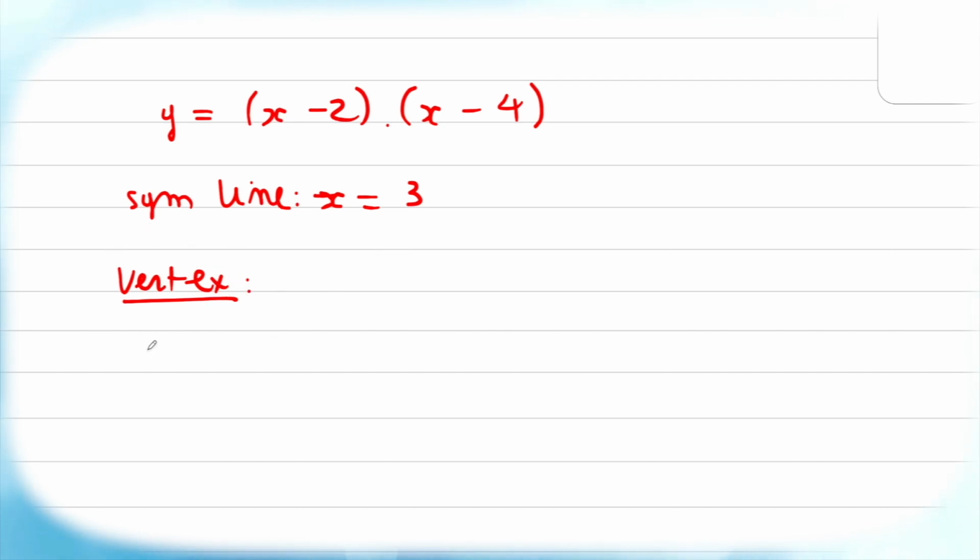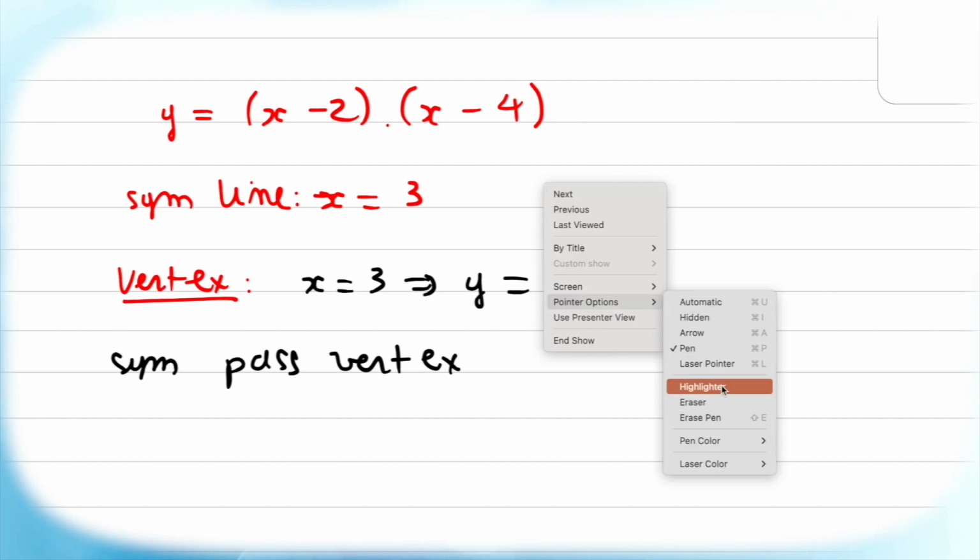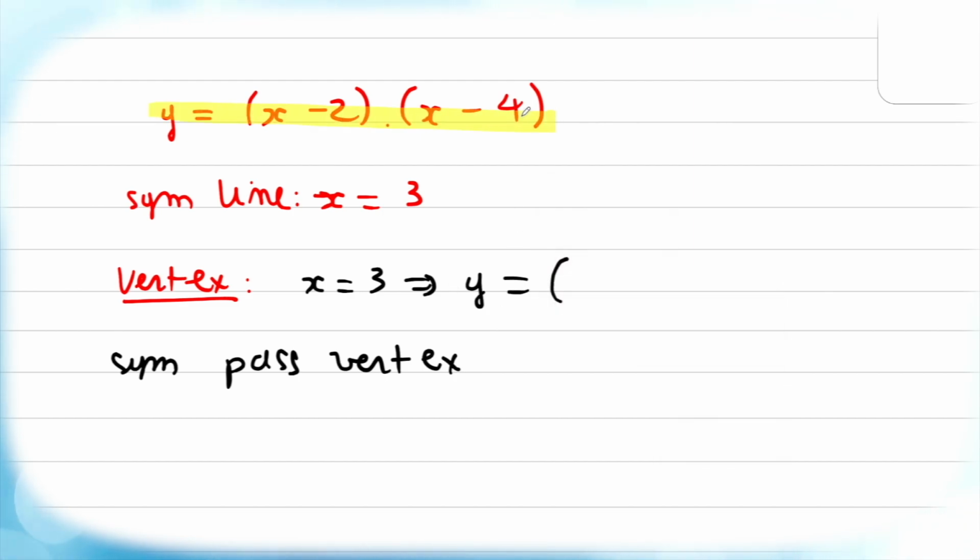That's easy. Remember, the symmetrical line always passes through the vertex. That means we only take x equal to 3 and substitute it into the equation. You get 3 minus 2 multiplied by 3 minus 4, so here is 1, here is minus 1, and you get minus 1.